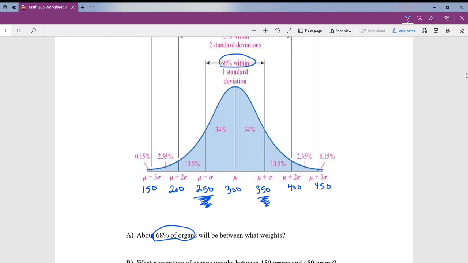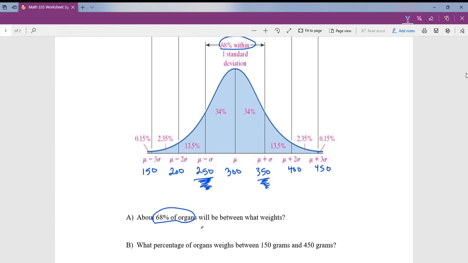So let's enter our answer as 250 grams to 350 grams. We know that the weights between 250 grams to 350 grams is going to capture 68% of the weights.